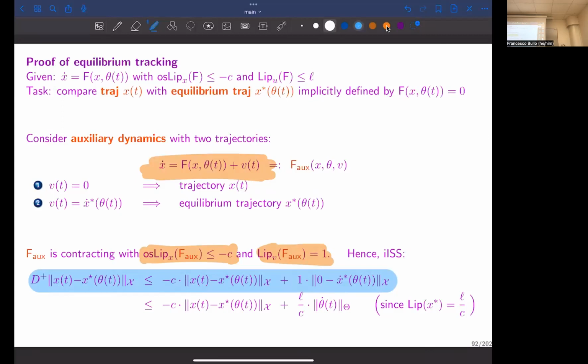Minus cE plus the Lipschitz constant, how much is it? 1 times the norm of the distance between the two v. And we said v equal to 0 is the one that generates one trajectory, and v equal to the derivative of x star of theta of t is the other signal. So inside this norm, I need to put 0 minus x dot star of theta of t. It's just more complicated to read it than to actually do it.